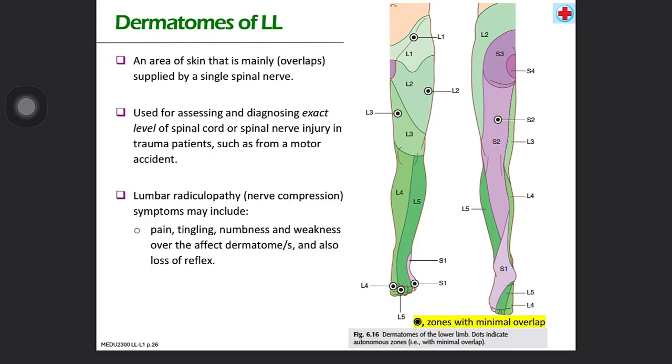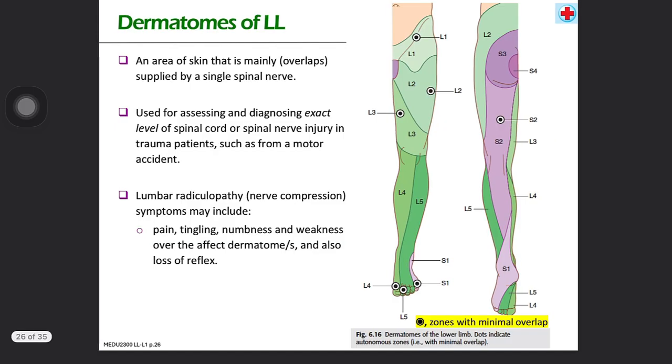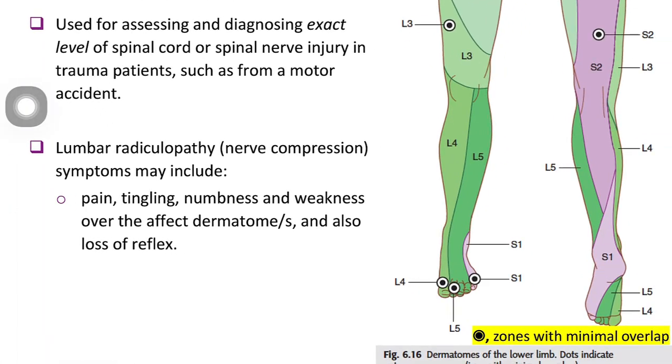Your dermatome and my dermatome may be a little bit different. So when it comes down to the assessment, try to locate the zones with minimal overlapping. That's what I want to emphasize. Say someone comes to you and is suspected to have lumbar nerve compression.